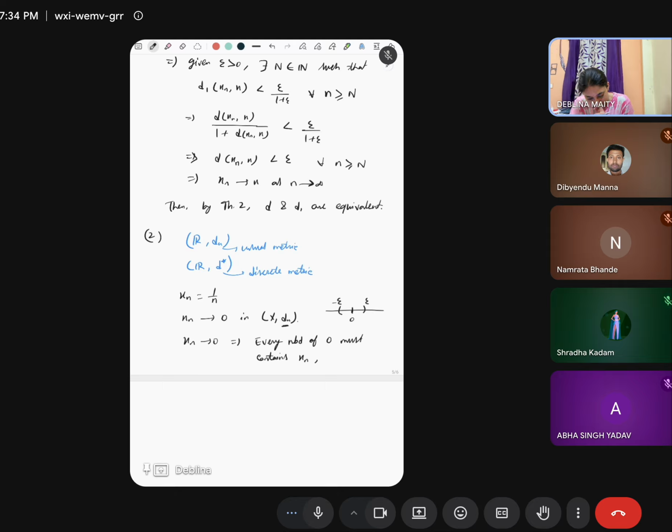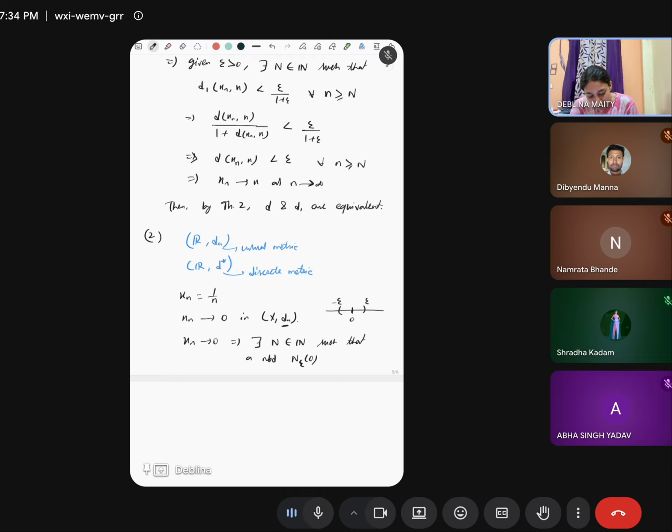This means there exists some natural number n such that a neighborhood, suppose minus epsilon to plus epsilon, or I can write a neighborhood of 0 with radius epsilon, right?